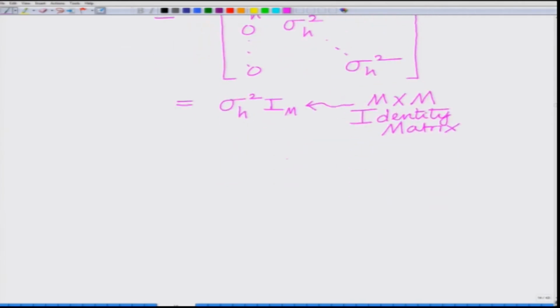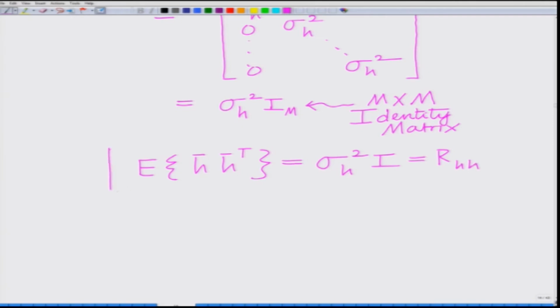So we can say that the expected value of h bar h bar transpose equals sigma h square times the identity matrix, and you can call this RHH.